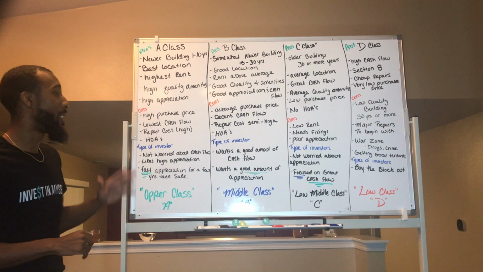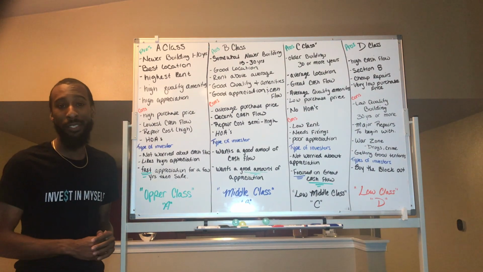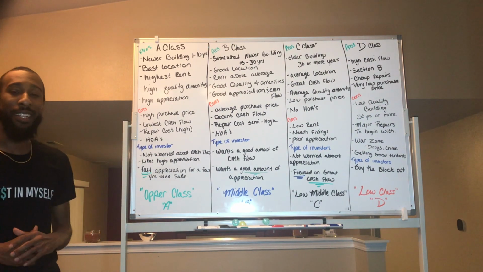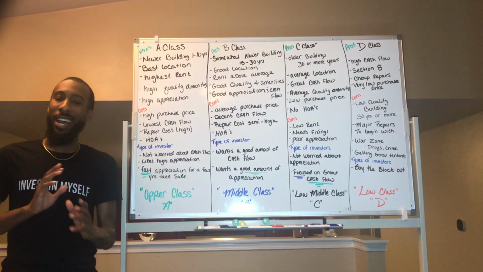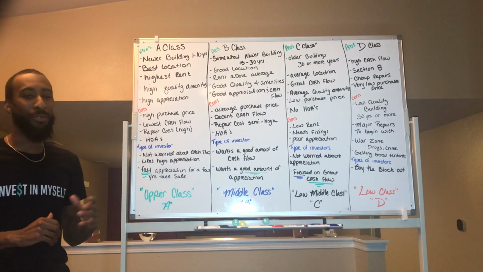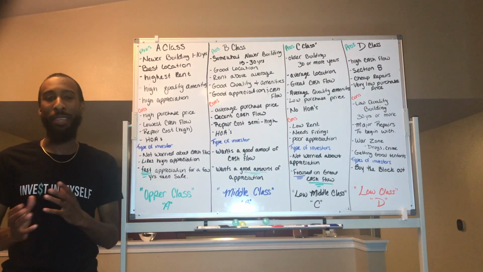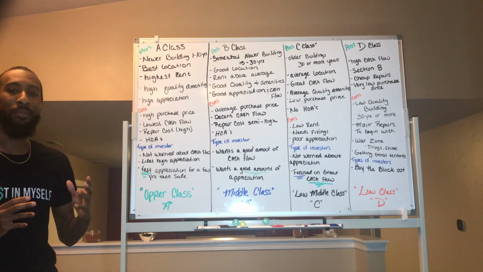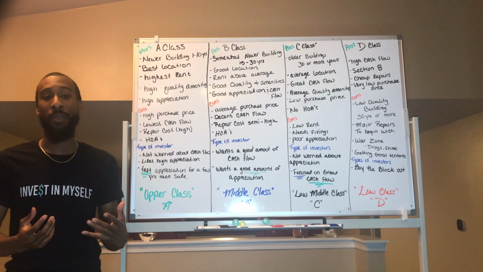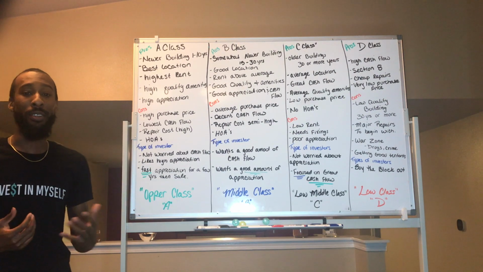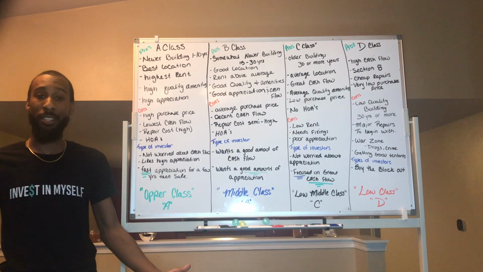And the next con, we have the HOAs. So just like Class A properties, a lot of Class B properties do have a HOA or a gated community just to help keep that appreciation consistent and up and not let the neighborhood pretty much just go to trash, basically.